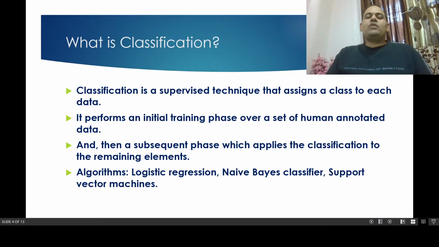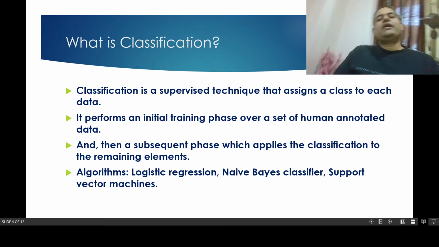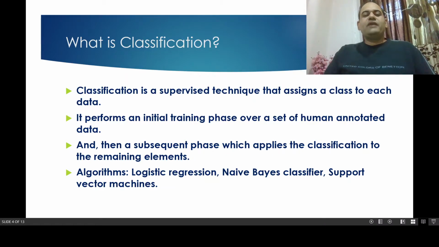This technique requires an initial form of training using the historical data we already have, so that we are able to create a model that can be utilized to classify any incoming unknown data in future. So any data that comes in to the system can be classified into one of the categories, or I would say one of the predetermined categories we already have during the training period.